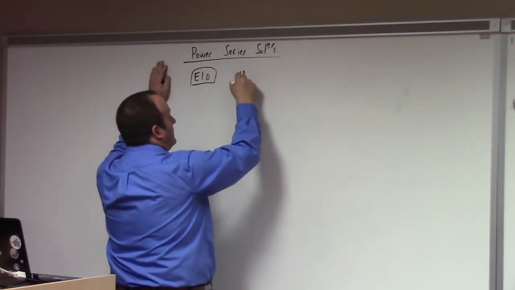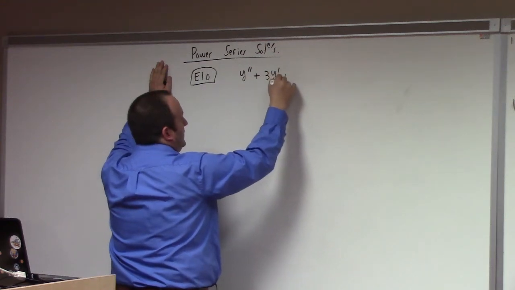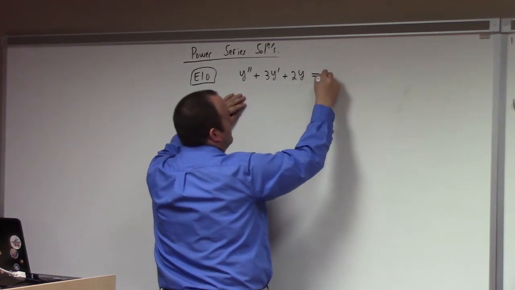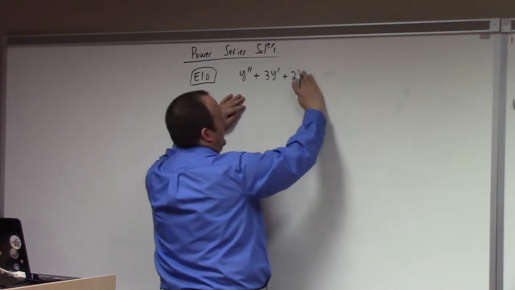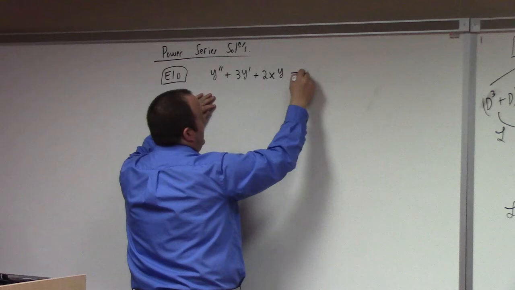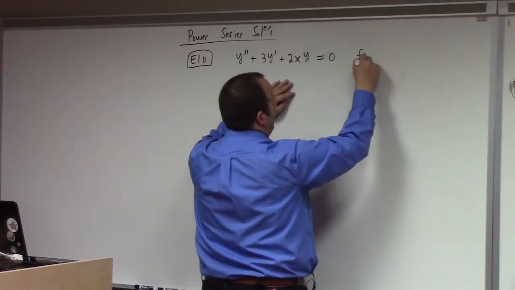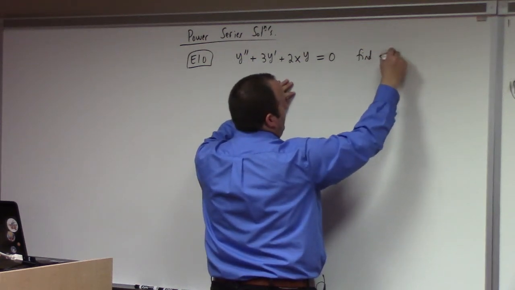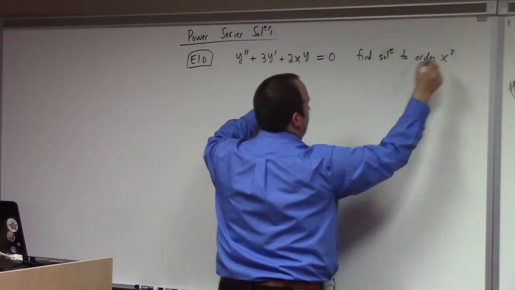How about y'' plus 3y' plus 2xy equal to 0. Find the solution to order x squared.